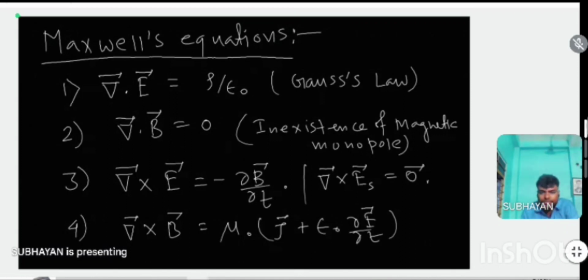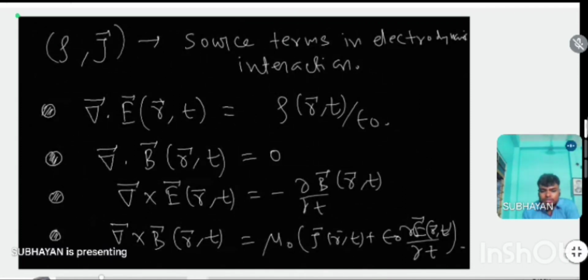Okay. Now look at here. What is the number of equations in this case? Explicitly, you can say there are four equations, but if you look carefully, the last two equations are vector equations, right? Each of these equations contains three equations.